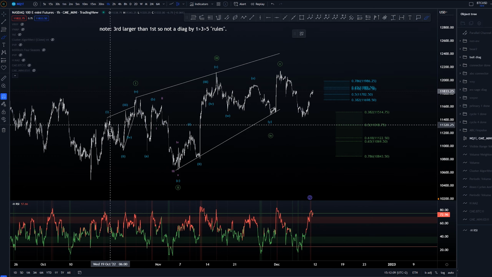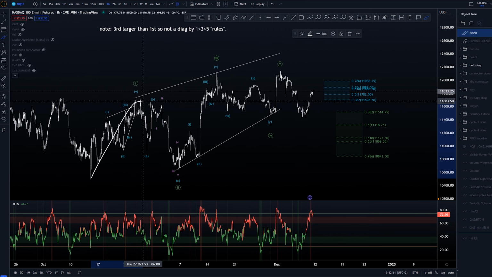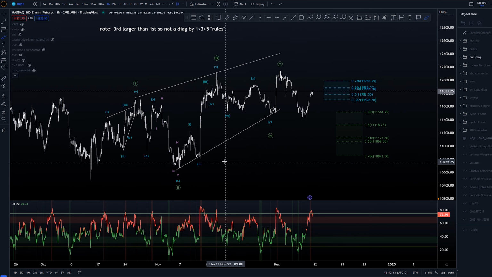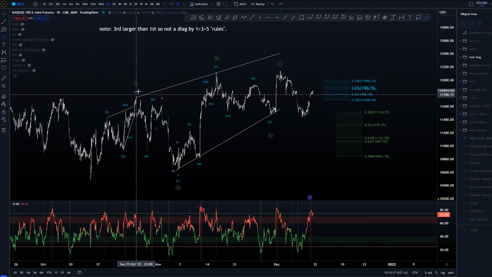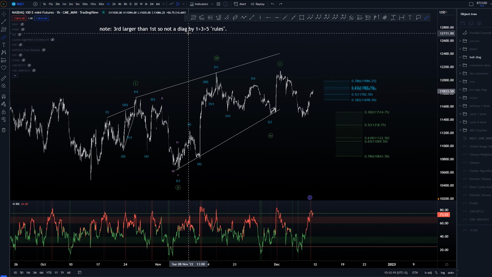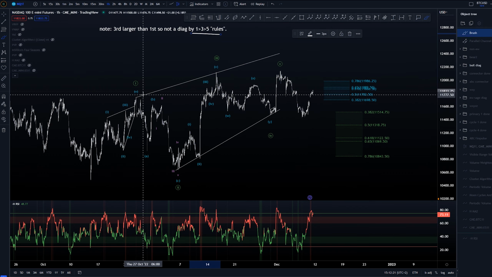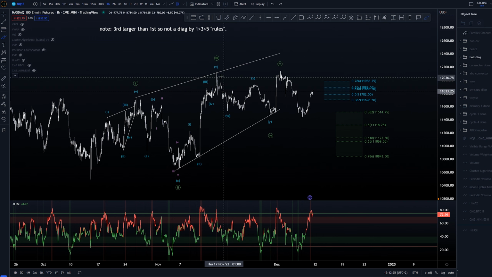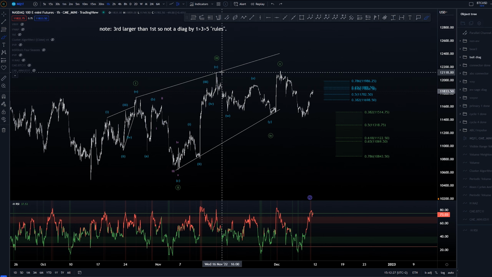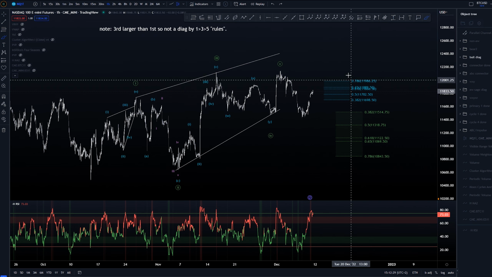In any case, the idea here was that we were creating a diagonal, and this is the only bullish count I can get here. Although we don't get a very good looking count, where wave 1 is larger than wave 3, I still do allow this. However, again, it's not very pretty and it lowers the probabilities of this case.